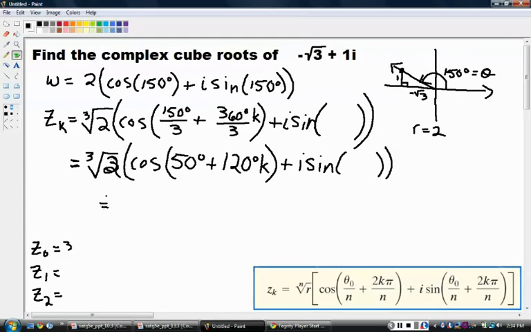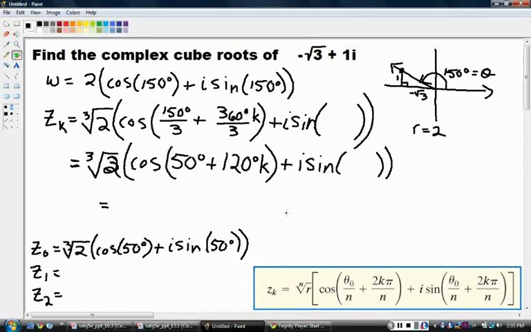Okay, so my first answer is the cube root of 2 times the cosine of 50 degrees plus 120 times 0, which is 0. So that's my first angle. And this one I'll write completely. It's 50 degrees.